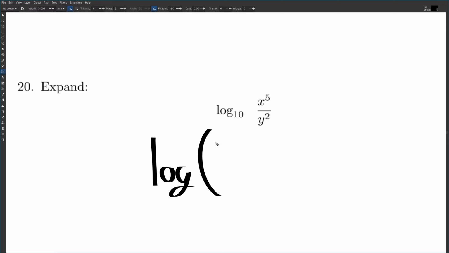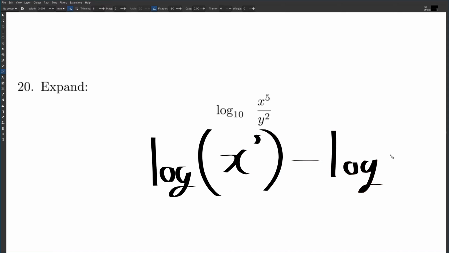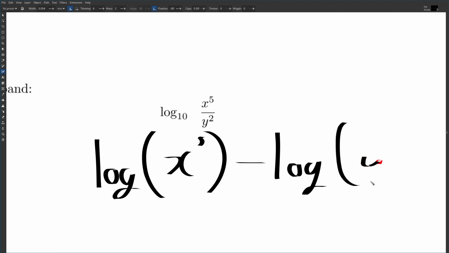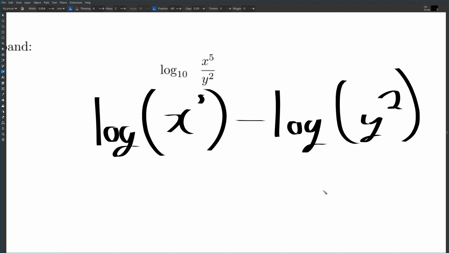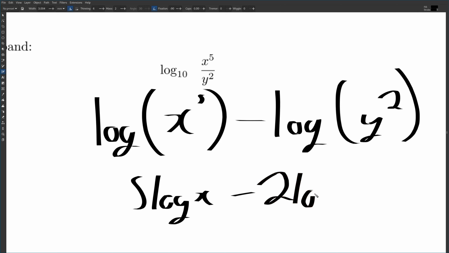This is going to be log of x to the power of 5 minus log of y squared. This is going to be 5 log x minus 2 log y.